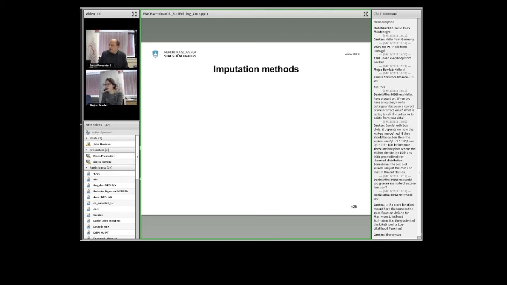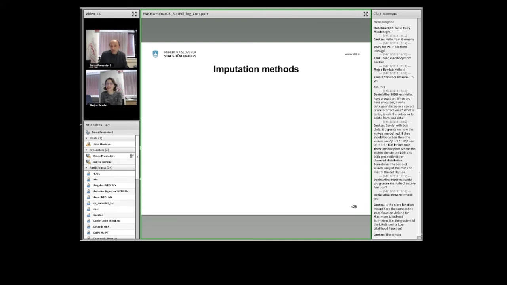If we go back to the outliers, Daniel was asking: when you have an outlier, how do you distinguish between a correct or an incorrect value? What is better, to edit the outlier or to delete it from your data? This is a question that is impossible to answer. As I already mentioned, this is one of the main challenges.